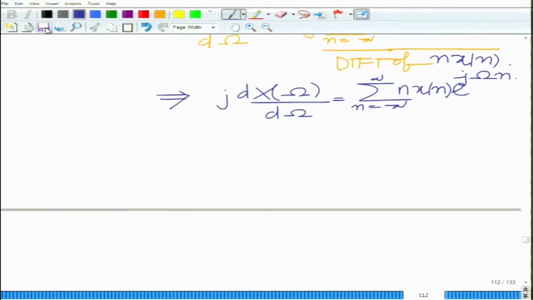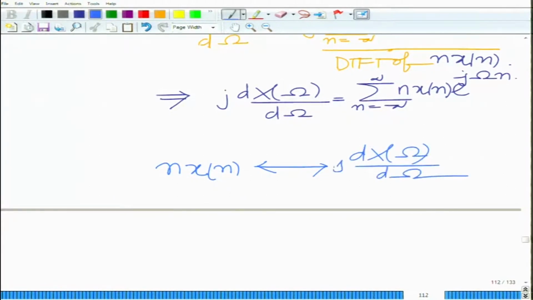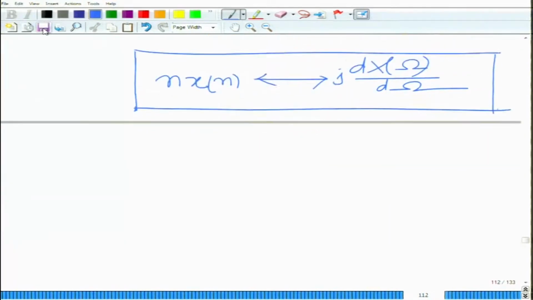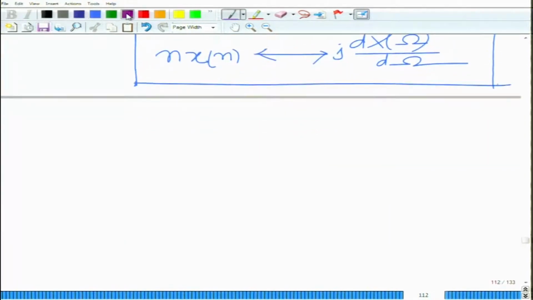And therefore, we can conclude that n x n has the DTFT j dX omega over d omega.